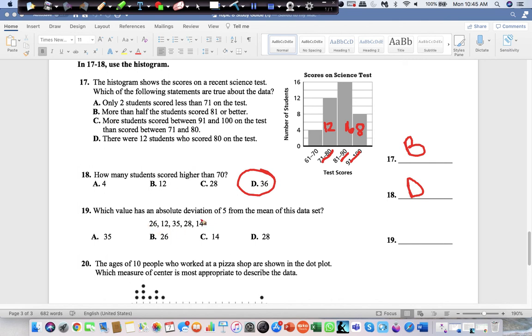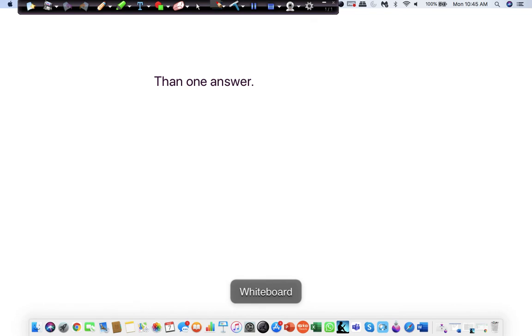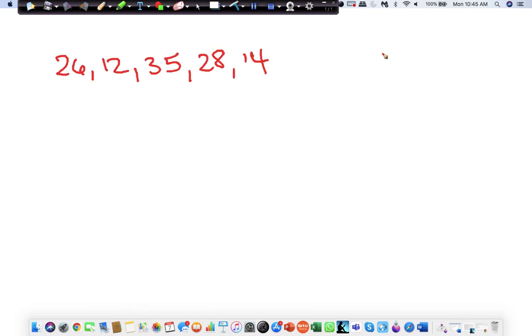First things first, we need to find the mean. So I'm going to do that on this page. Okay, so these are all of my numbers. To find the mean, I'm first going to add them all together. So 26 plus 12, plus 14, so 38.